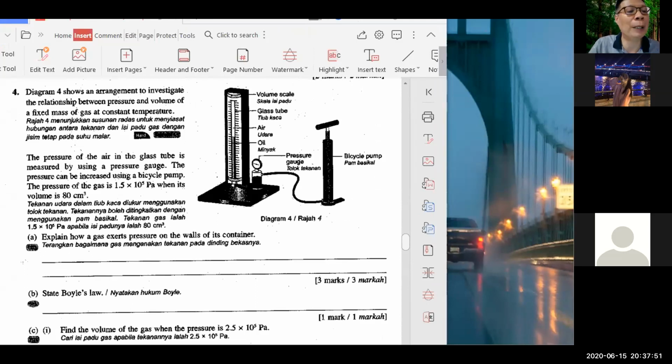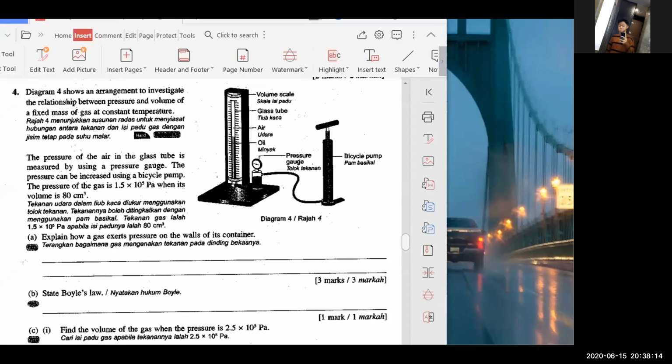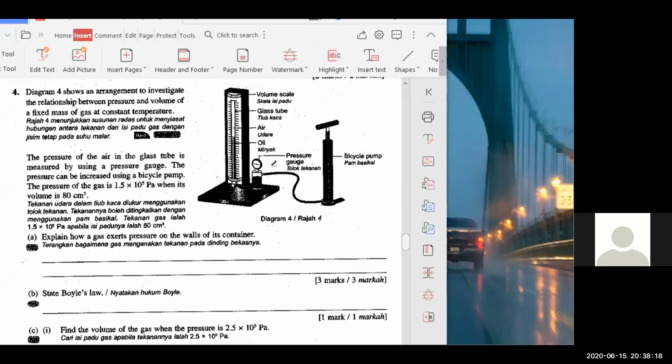Those who have the paper one, can you check number 4 done already or not? Not yet, sir. Not yet. Okay, haven't then, we look at question number 4 now.